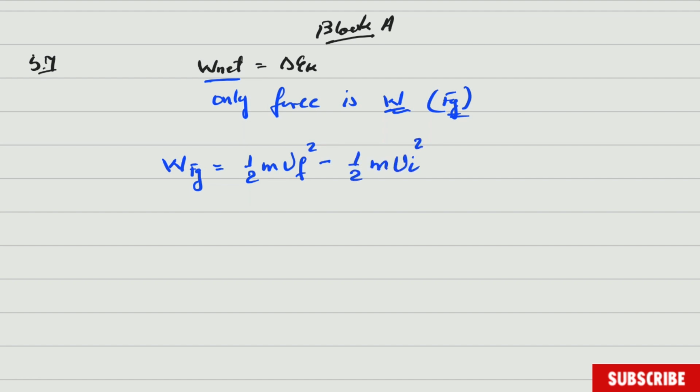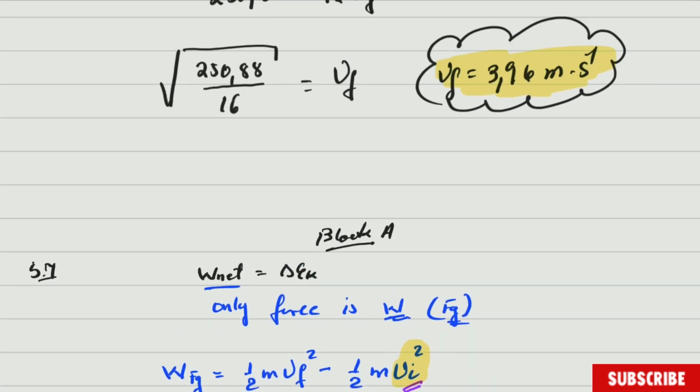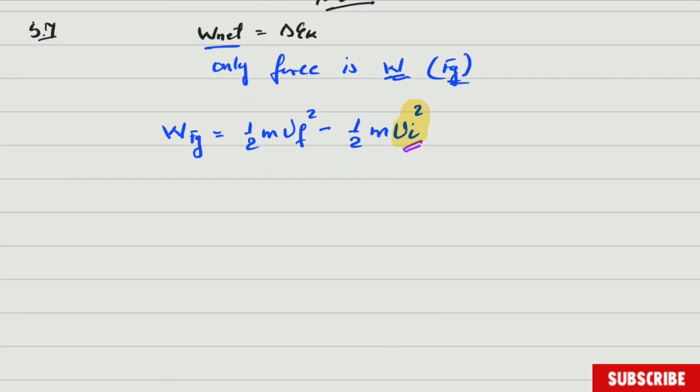Now the initial speed here is the one with which the block leaves that 1.6. It is the one we calculated previously, 3.96 meters per second. That is important to note. And the final speed is going to be equal to 0.